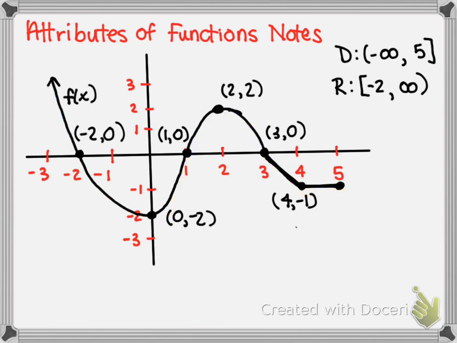Okay, the next 2 attributes that we're going to talk about is where is this graph increasing? And the graph is increasing where the graph slopes up, moving from left to right.